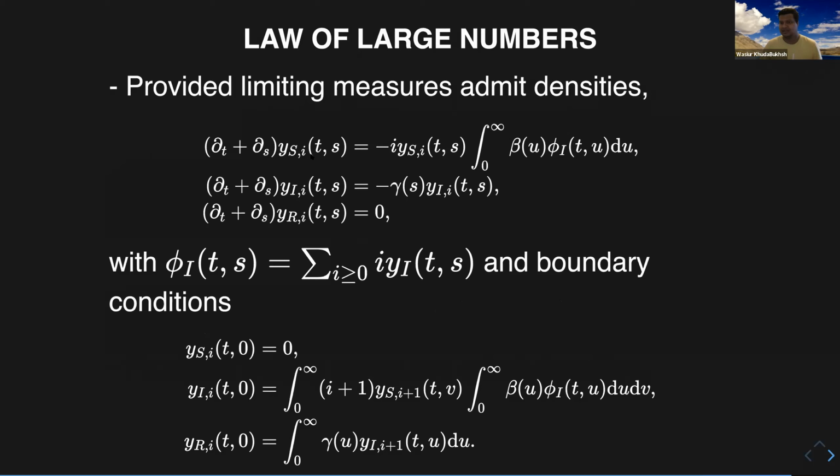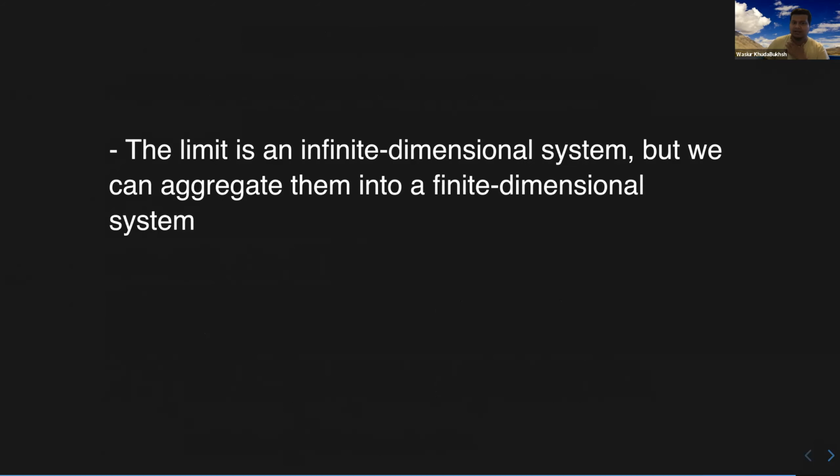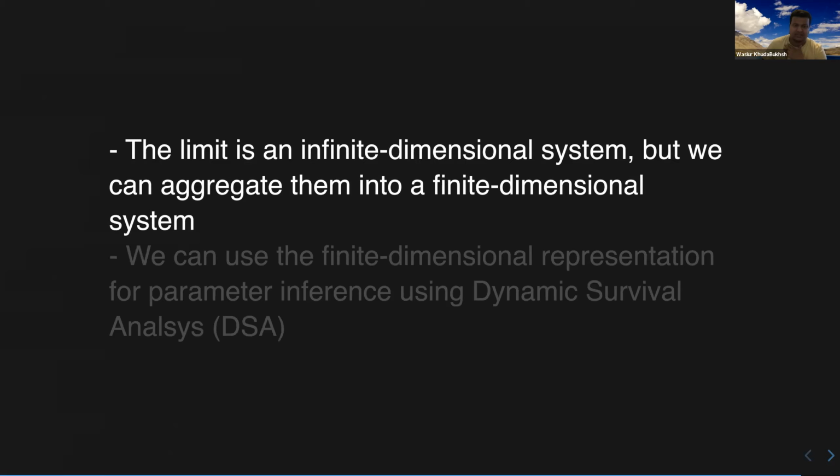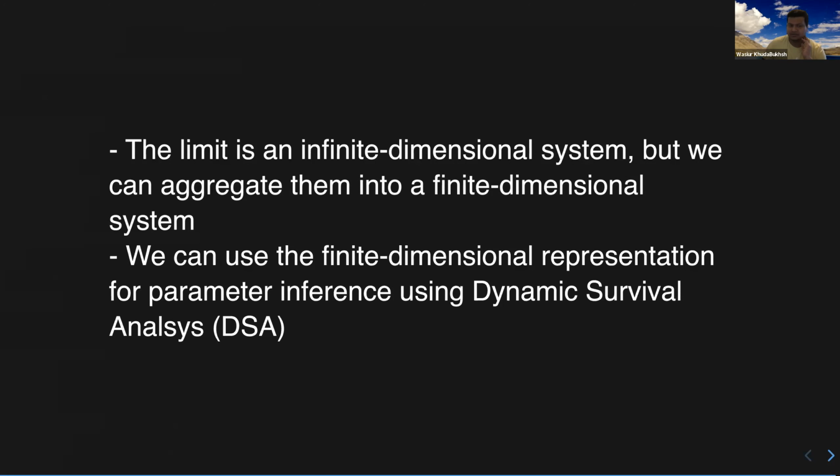So this is still an infinite dimensional system, but luckily it can be aggregated into a finite dimensional system, which is nice because then we can use it for parameter inference using, for example, dynamic survival analysis and other things, and that can be applied to COVID-19 data, for instance.